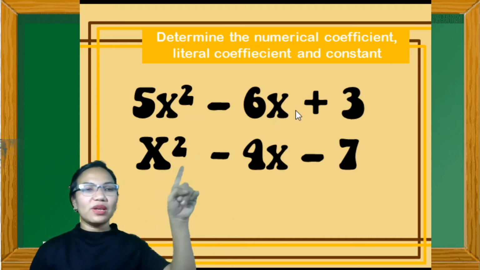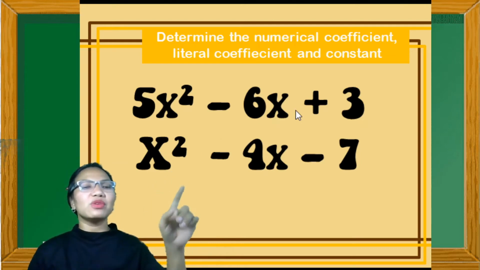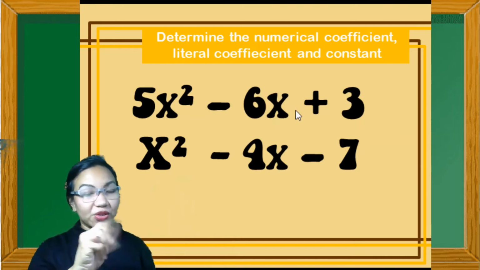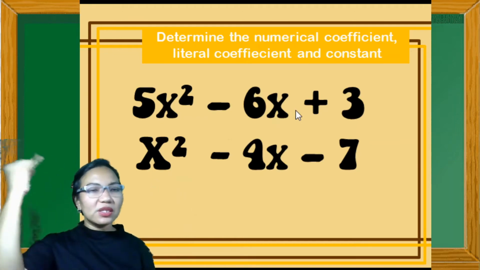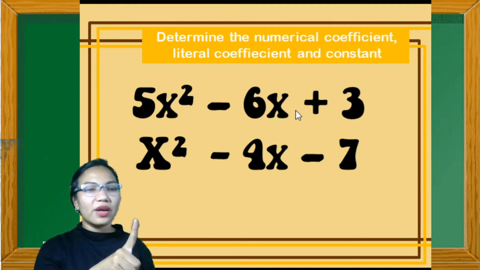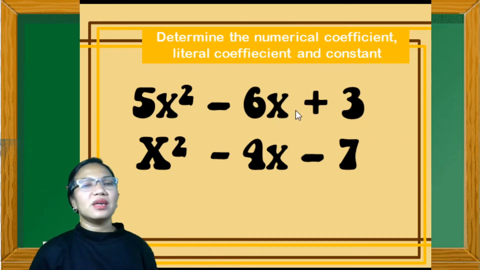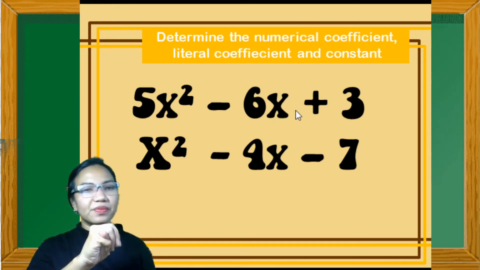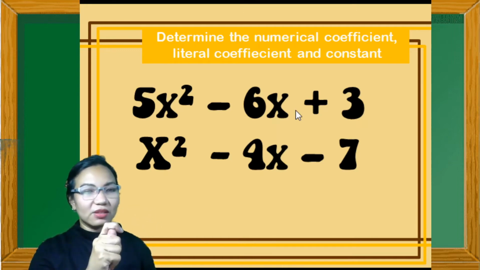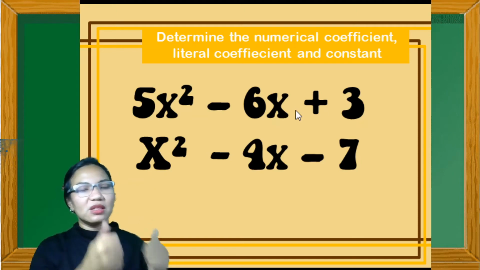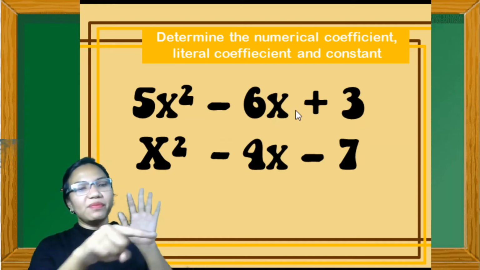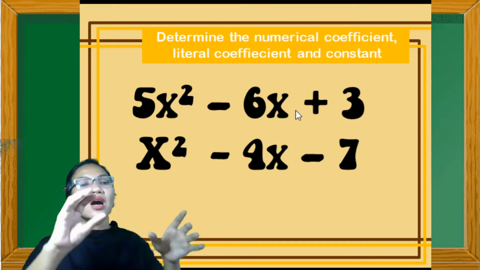Okay. 1 will be the numerical coefficient for the first term, imagining it is 1x squared. For the second term, negative 4 is the numerical coefficient, followed by x, which is the literal coefficient. And then we have negative 7 as the constant.